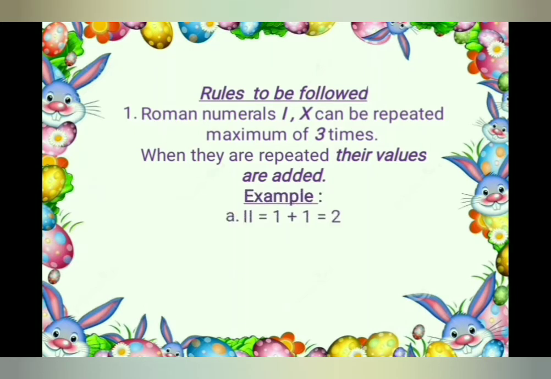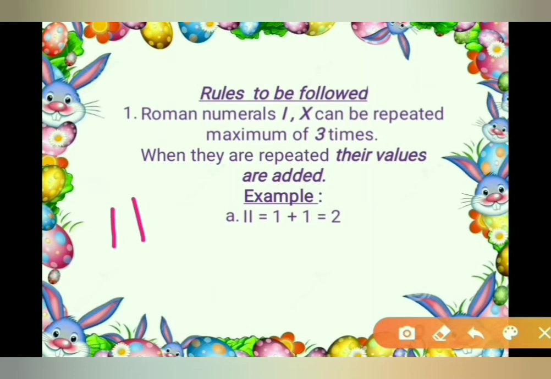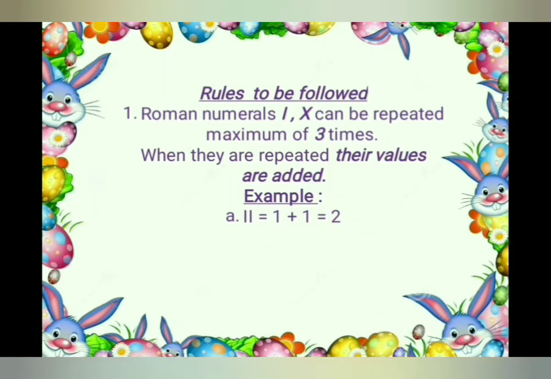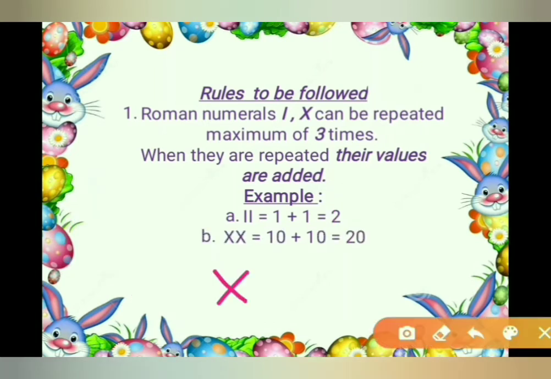Example: when you are studying second standard, you use these symbols, right? The value of I is 1. When it is repeated, the value should be added. So 1 plus 1 equals 2. And then the value of X is 10. Again X is repeated, so the values should be added. So 10 plus 10 is 20.